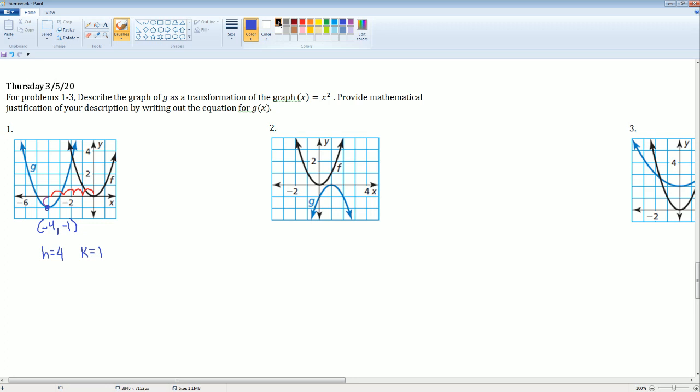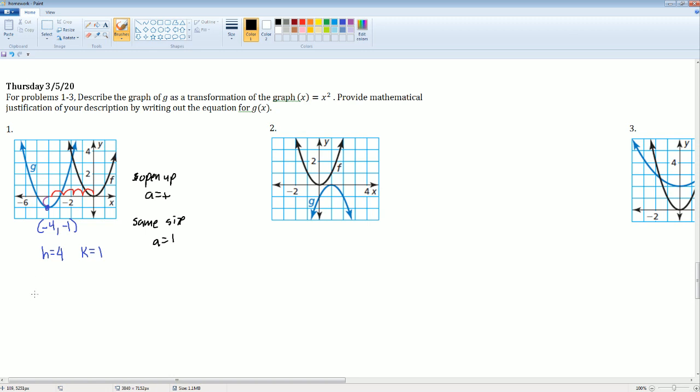So did anything else happen? Nope, it opens up. Does anything happen to the size? Nope. So it still opens up, so the a here has to be positive, and it's the same size, so a has to be equal to 1. So let me write down my equation.